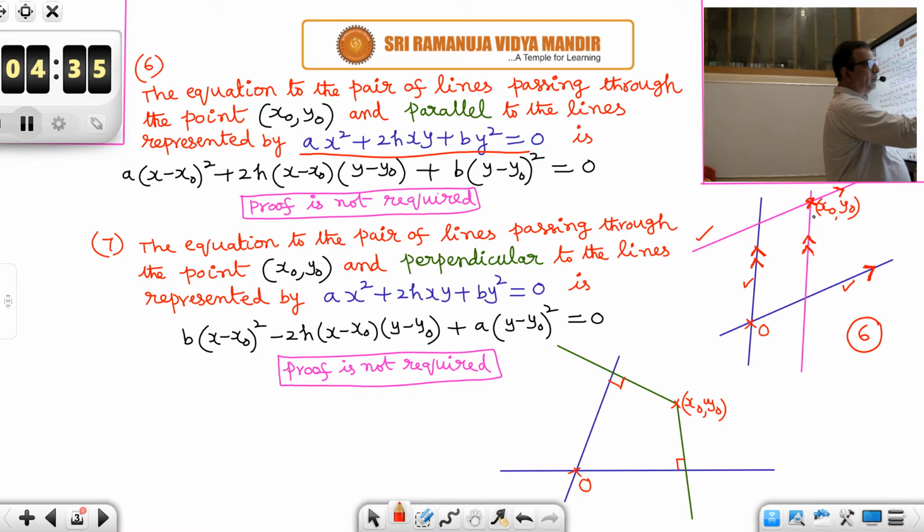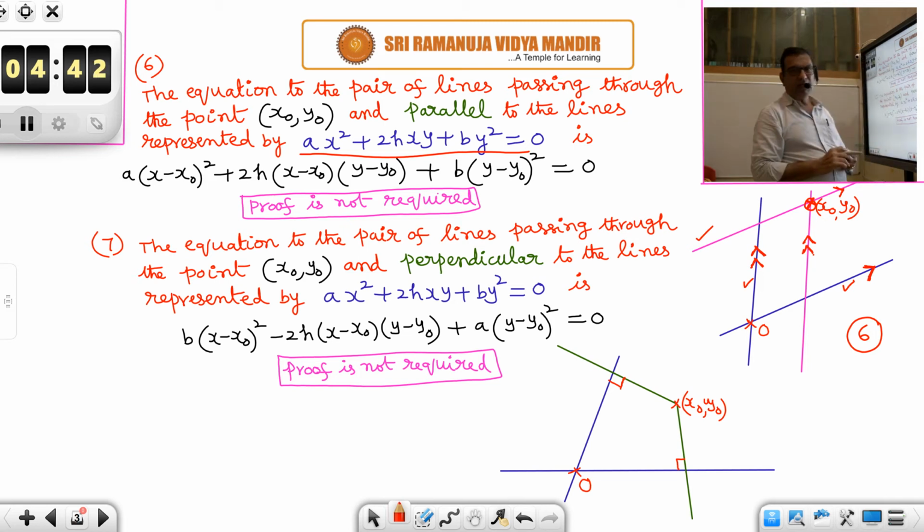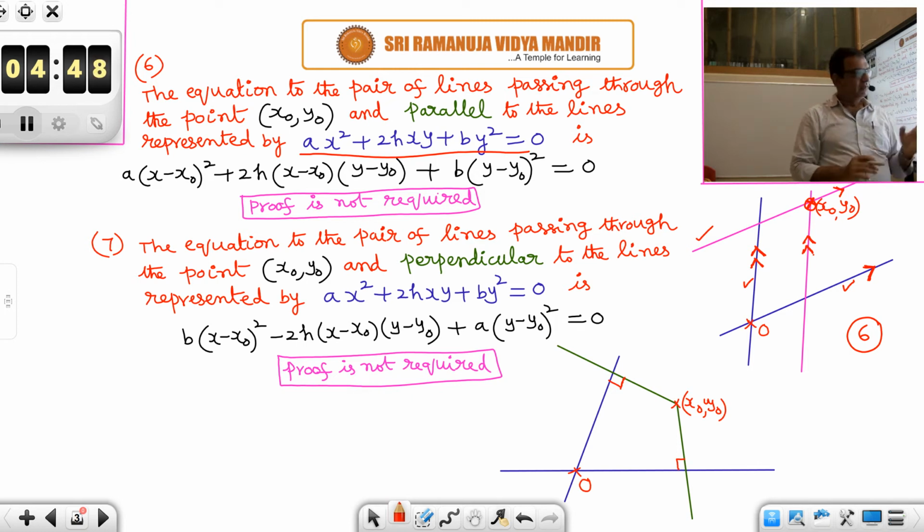Both of them pass through the point x0, y0. So we want the equation to the pair of pink lines. The original lines and these lines form a parallelogram, for which the origin is one vertex and x0, y0 is the diagonally opposite vertex. This becomes the diagonal of the parallelogram.